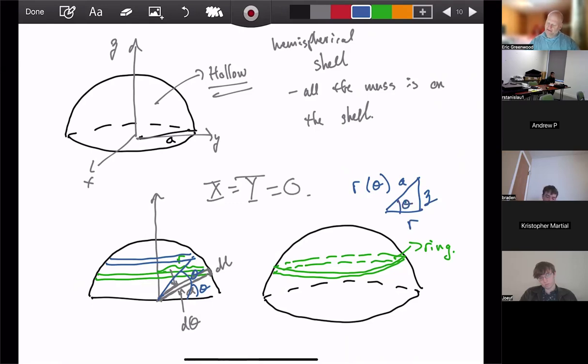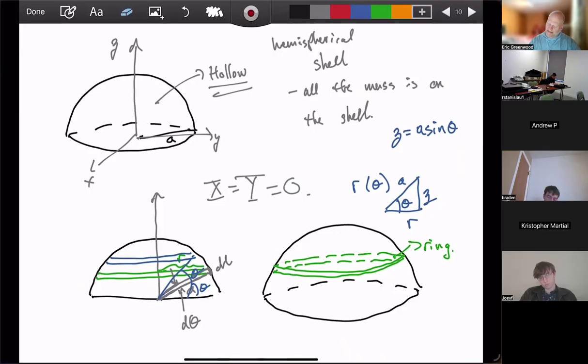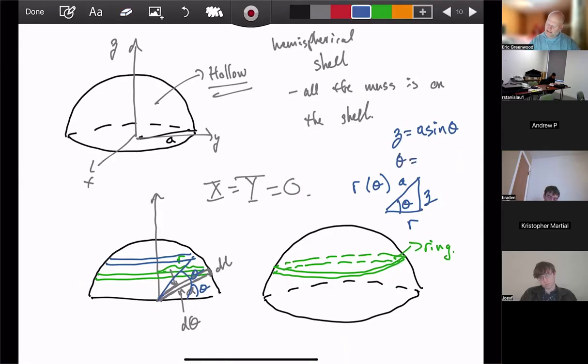So z is going to be the same thing as a times sine of theta. In this case, we can then write theta as being equal to the arc or inverse sine of z over a. Is that okay with that?